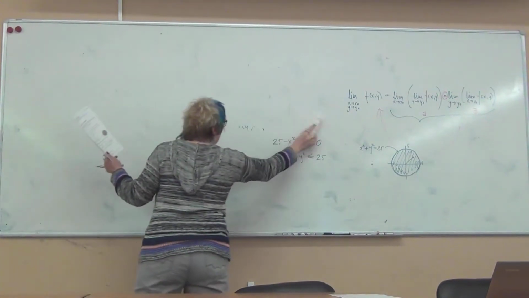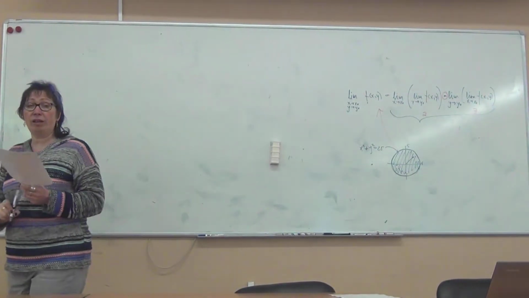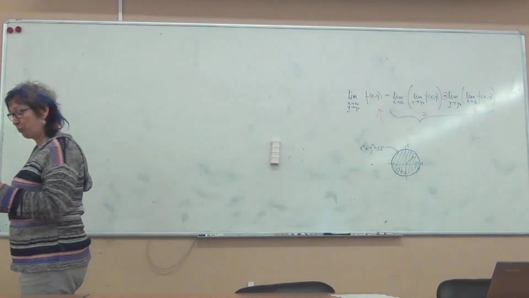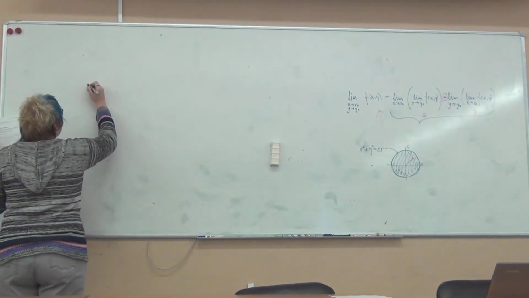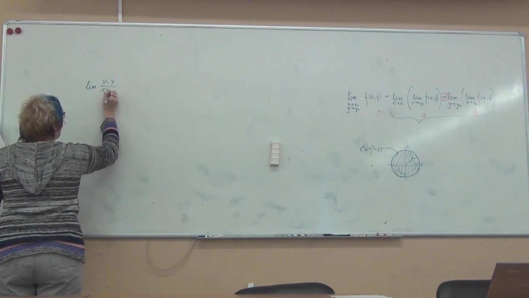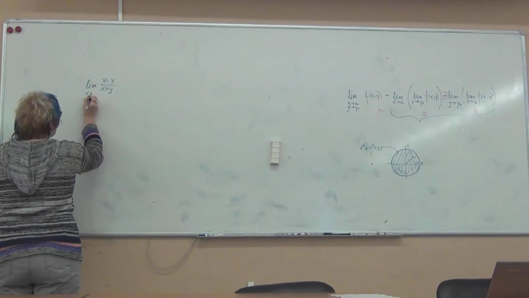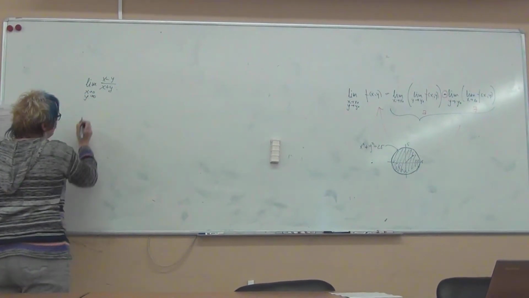So limits can be bad or nice. I didn't put the nicest ones here as examples. Alright, so the limit of (x minus y) over (x plus y) when x tends to 0 and y tends to 0.